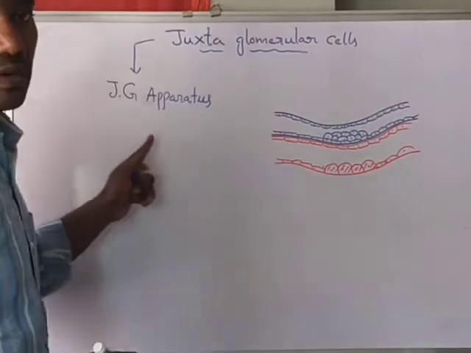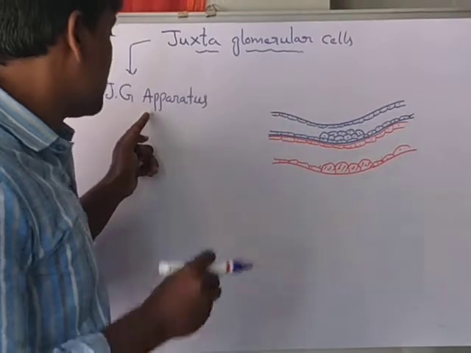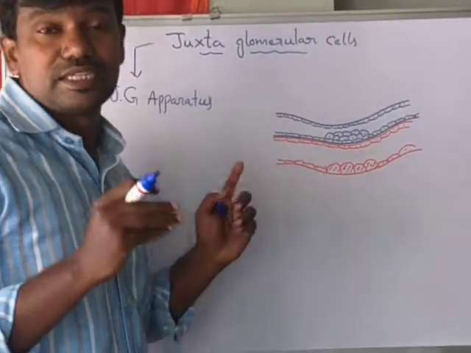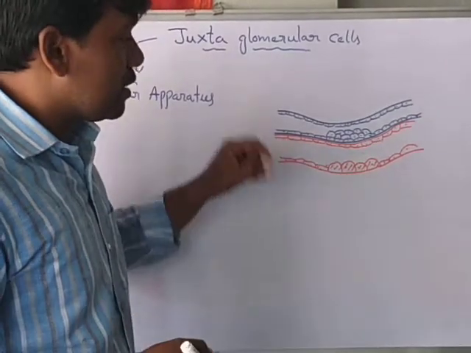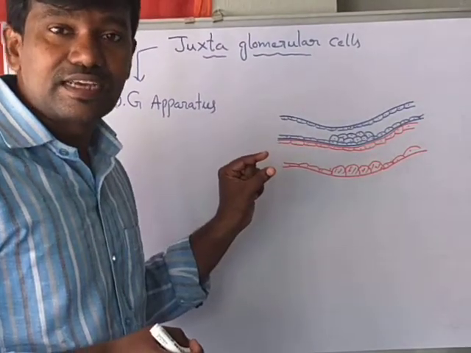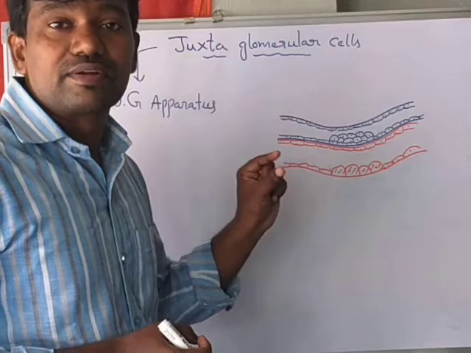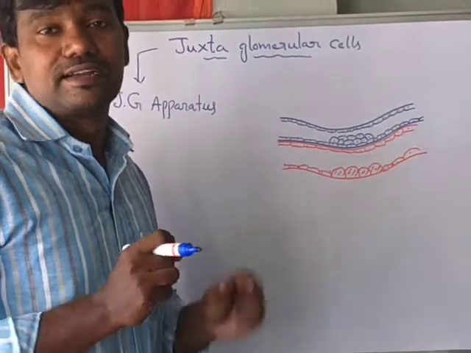So the juxtaglomerular apparatus is a region present where the DCT, the distal convoluted tubule, is in direct contact with the afferent arteriole.